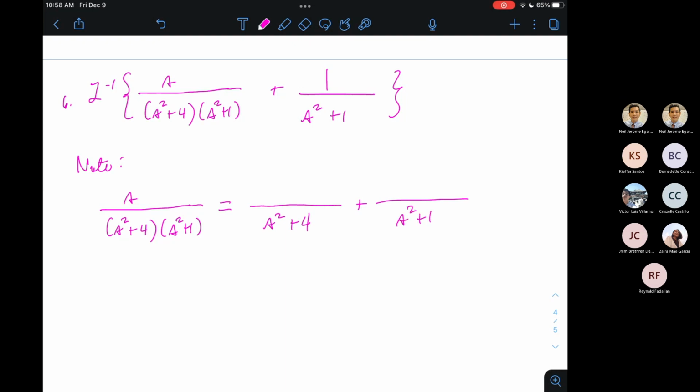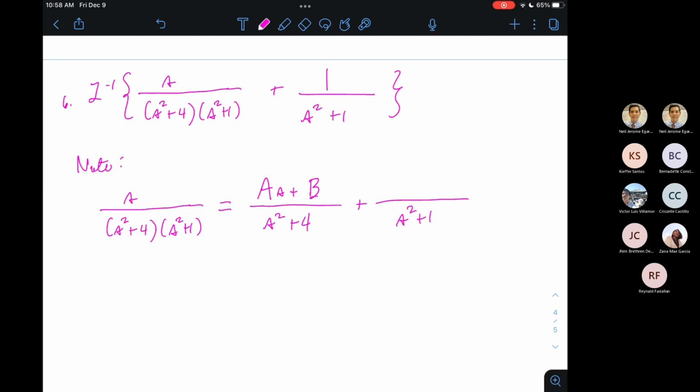Because remember, the rule in partial fraction decomposition is that when the denominators are non-repeated, the numerator is always 1 degree smaller than the denominator. The denominator here is s squared plus 4. The factor s squared plus 4 is non-repeated, so its numerator is as plus b.